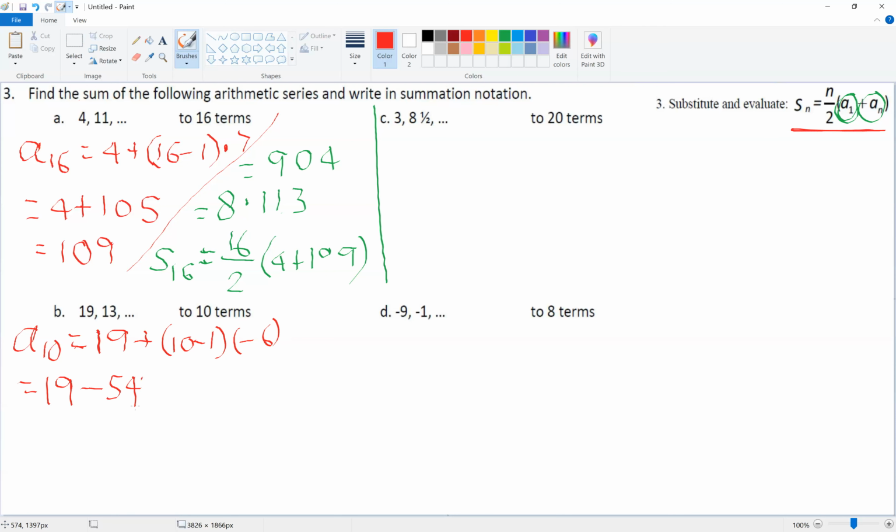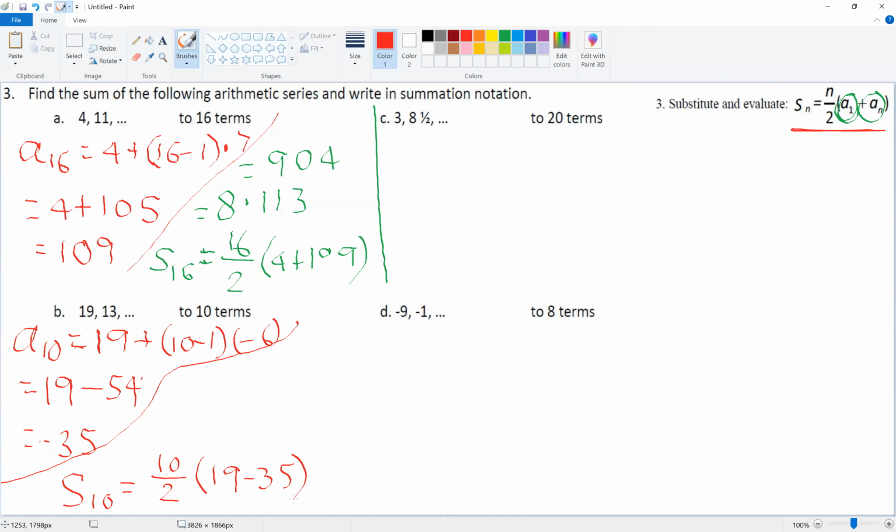Correct? Yeah, one way I did it was instead of doing n over 2 times u1 plus un, I substituted the un in that equation for the normal equation for un. So basically, you know how it's n over 2 times u1 plus un? Yep. You can substitute un, because we know un equals u1 plus n minus 1 times d.